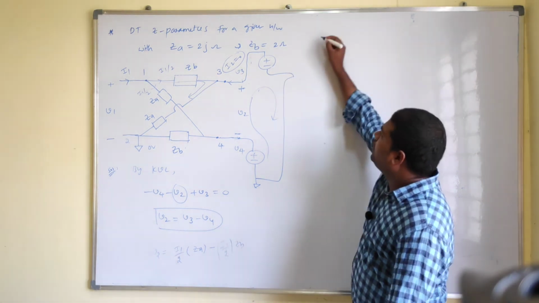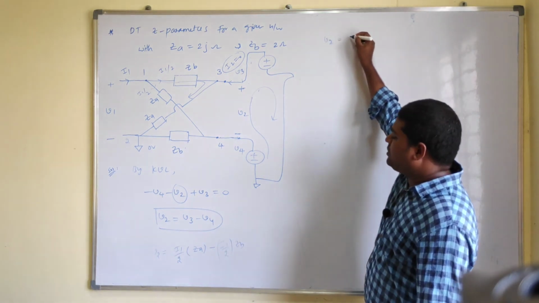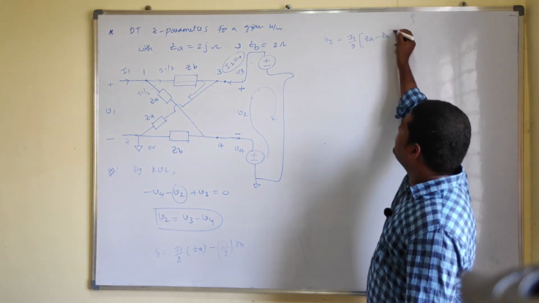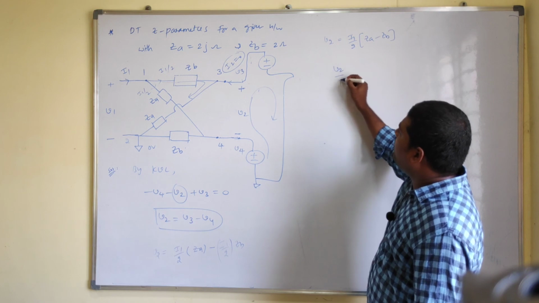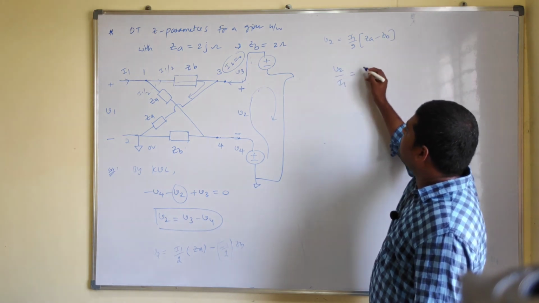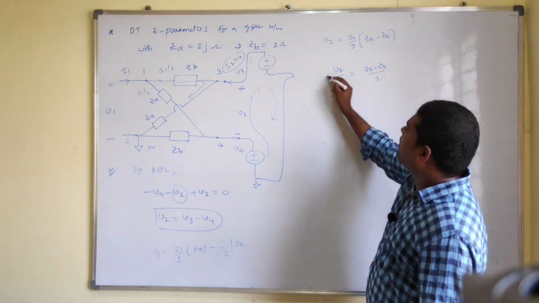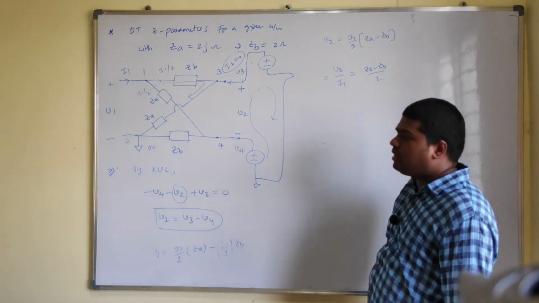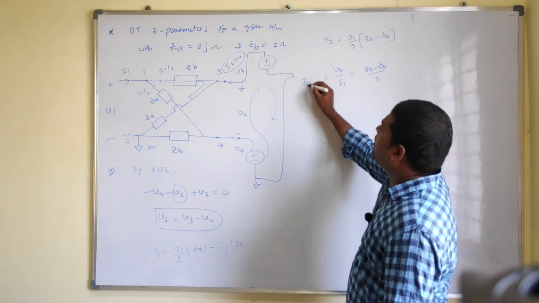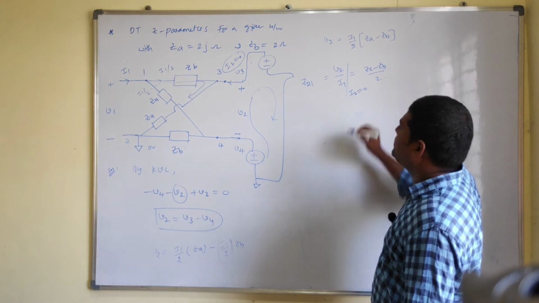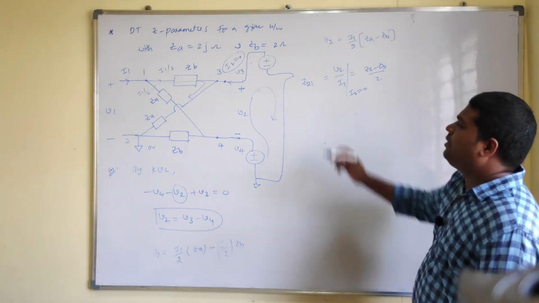Now V2 equals I1 by 2 into ZA minus ZB. So V2 by I1 equals (ZA minus ZB) by 2. Here V2 by I1 is Z21, only when I2 equals 0.